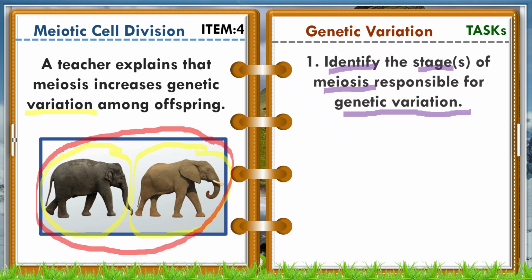If the teacher explained that it is meiosis which increases genetic variation among offspring, which stages of meiosis are responsible for this genetic variation?